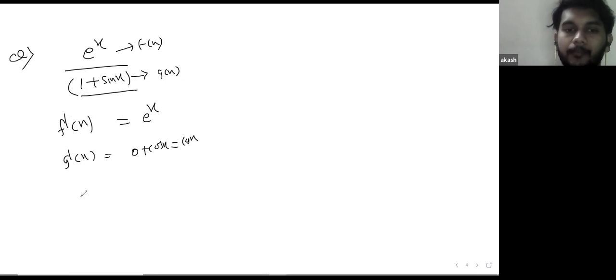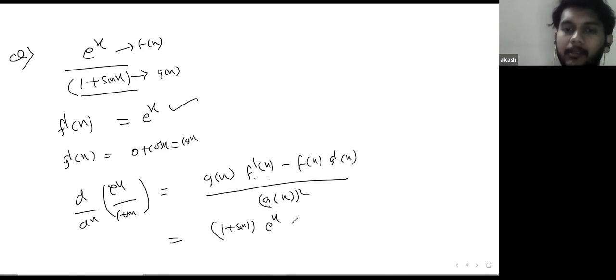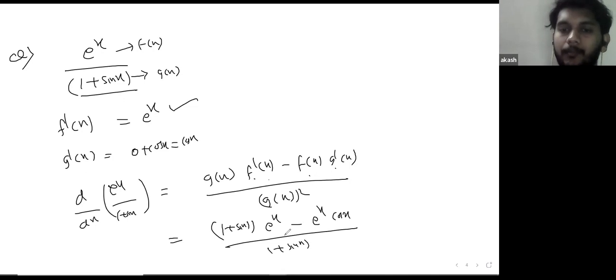Now using the formula, this is g of x into f dash x minus f of x, g dash x divided by g of x whole square. So g of x is 1 plus sin x into f dash x is e raised to the power x minus f of x is e raised to the x, g dash x is cos x, whole divided by g of x whole square. So 1 plus sin x whole square.